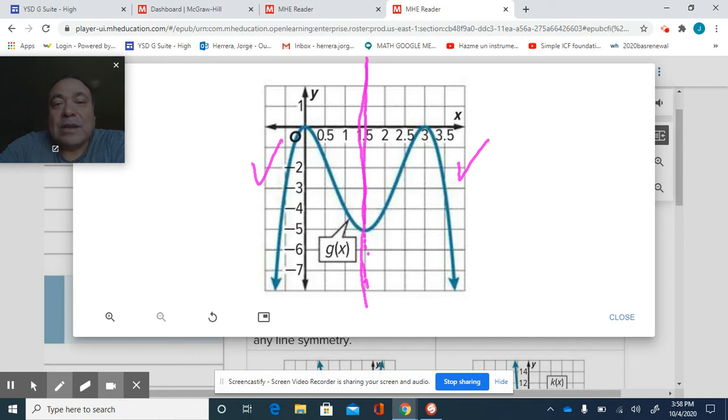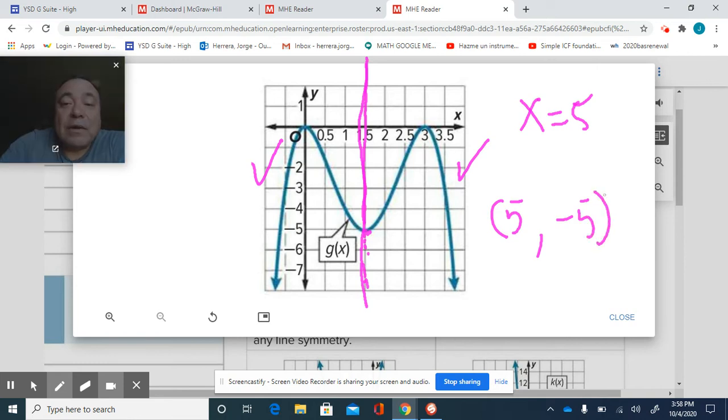So this one does have a line of symmetry when x equals 5 at the lowest point right here, guys, where we call that, we're going to talk a little bit about that. So at this point at 5, negative 5, where negative 5 is the lowest point. See? So this one does have a line of symmetry.